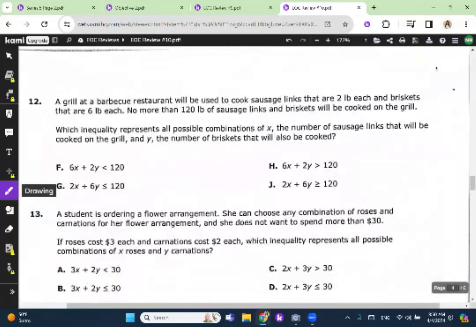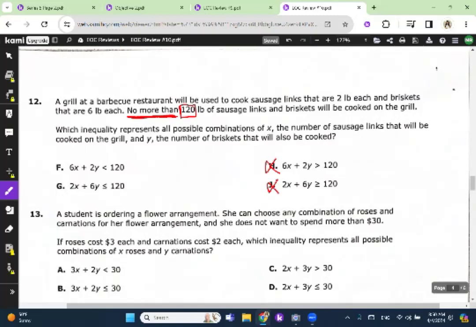Number 12. First, you want to look at the inequality symbol. Now, this is a word problem, so you need to use a little critical thinking. It says no more than 120. If it's no more, you have to have less than.